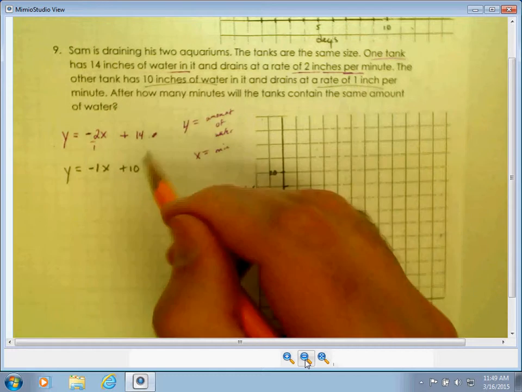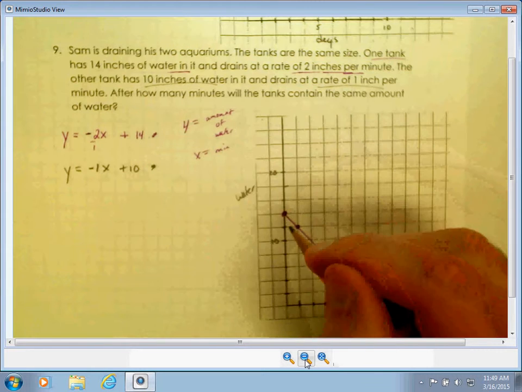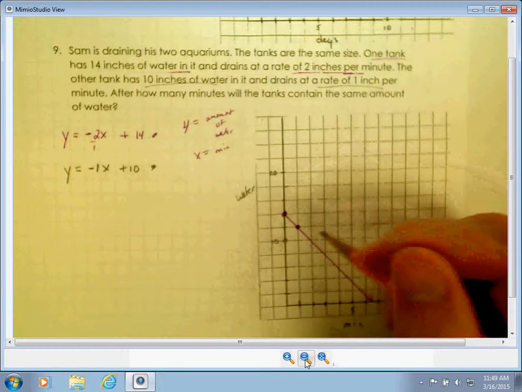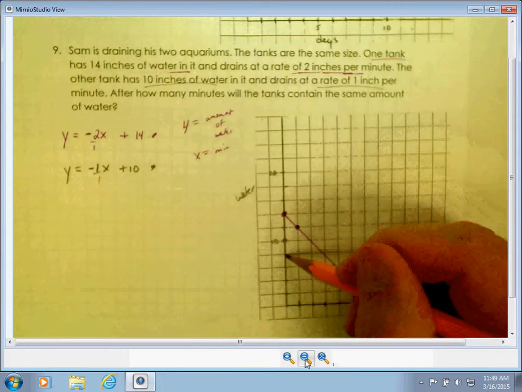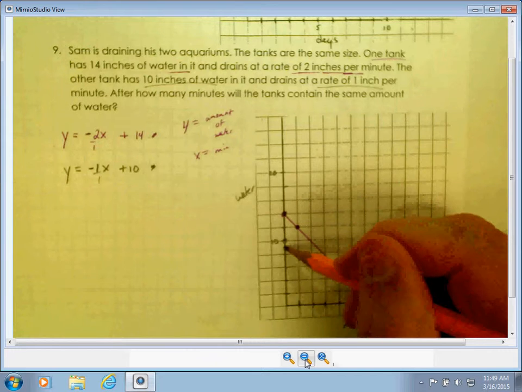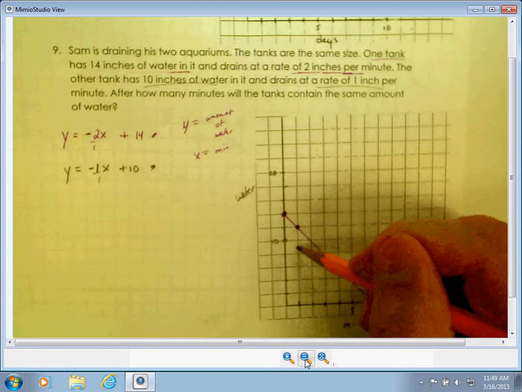So we'll do the other one where it says to start at 10, but we're only going to go down 1 every minute. So I'm not going to go a whole block because that would be down 2. So down 1 is about halfway, and then over 1.